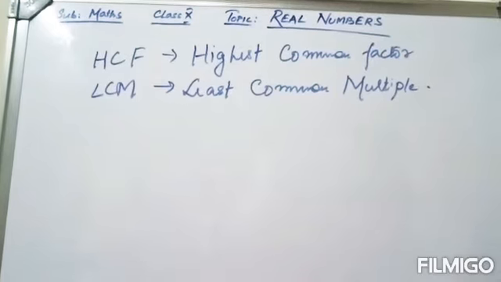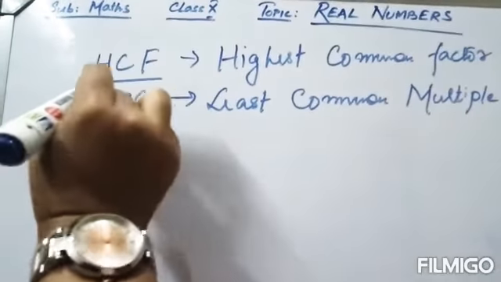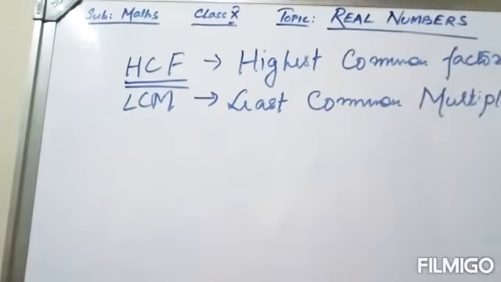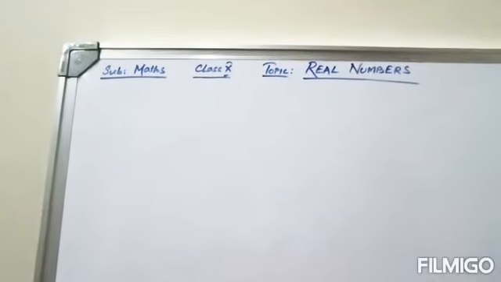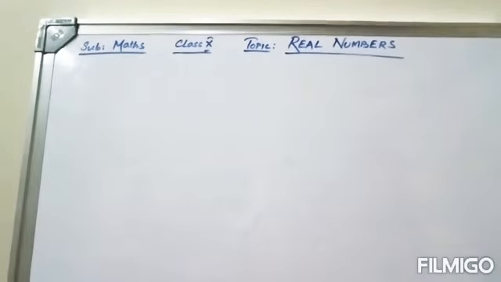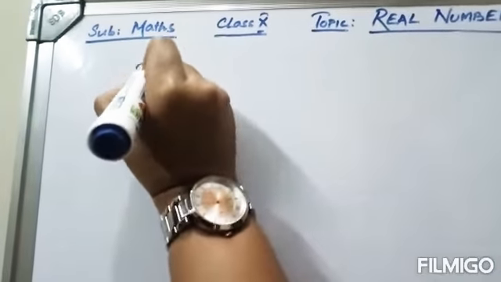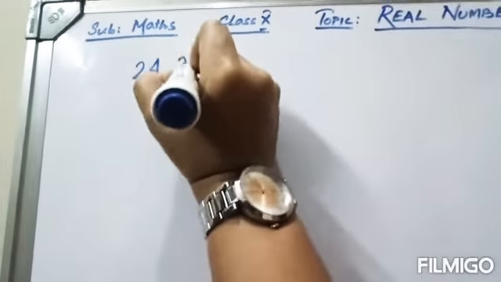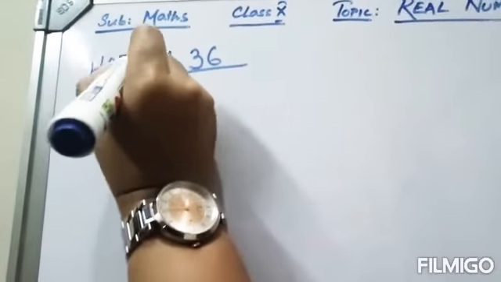Now we will use Euclid's division algorithm to find HCF of two numbers. How will we do that? Suppose I have given you two numbers like 24 and 36, and I told you to find HCF of these two numbers.